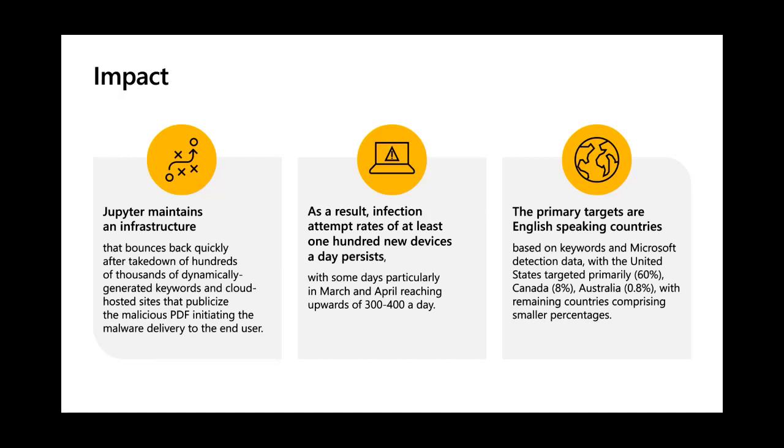There are also quite a few both commodity and more advanced malware leveraging fake applications in order to get downloads. And so Jupiter's resilient infrastructure is one of the reasons to have concern a long time going forward.